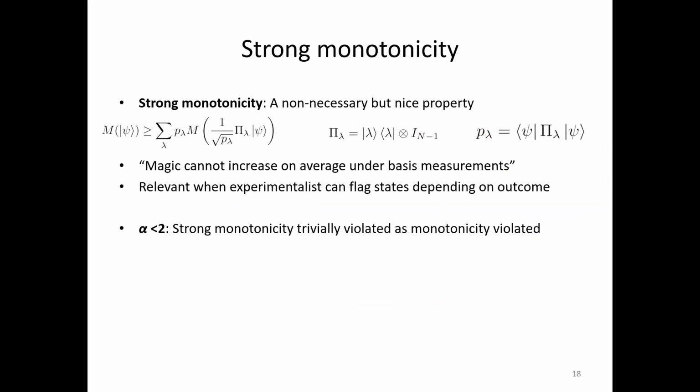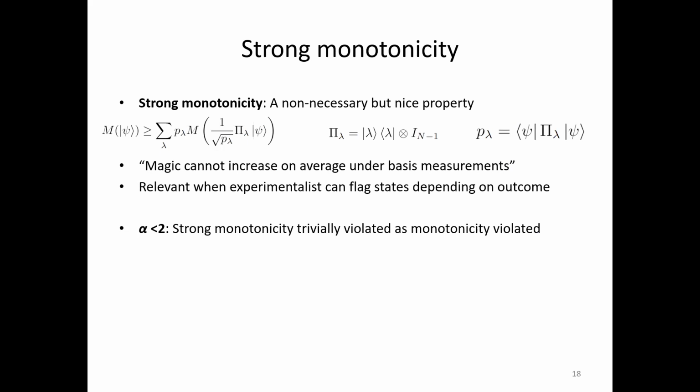What strong monotonicity means is that if you apply a measurement in a computational basis on, let's say, the first qubit, and you get an outcome state and you renormalize it such that it becomes a normalized state again, and you compute its magic, then you average over all possible outcomes. So it's kind of like you look at the magic on average on a basis measurement, and basically demand that magic should not increase. So it's a strong monotone, it will not increase under this kind of operation.